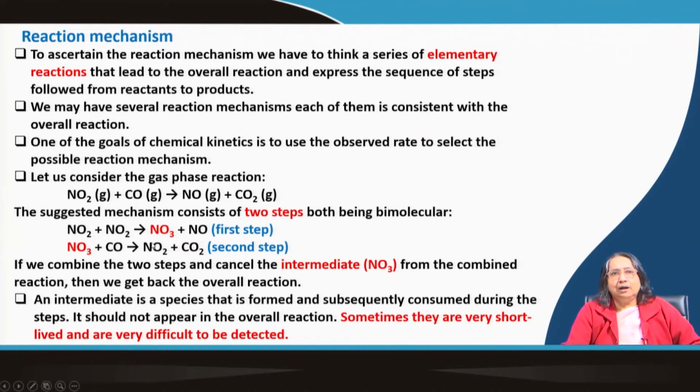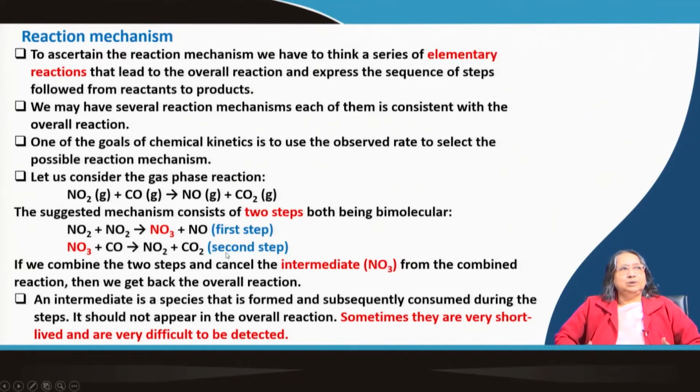Now, here only two steps are shown. Overall, by adding up you should get back the actual reaction, the actual reactant and products. If we combine the two steps and cancel the intermediate from the combined reaction, then we get back the overall reaction.